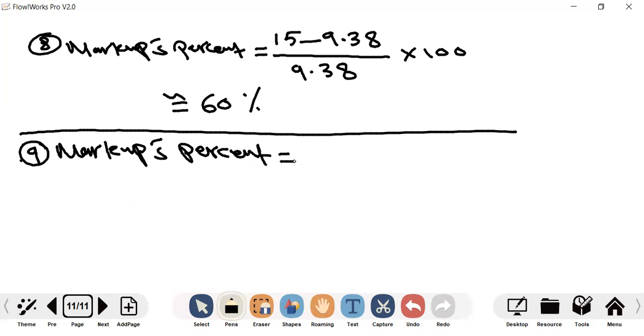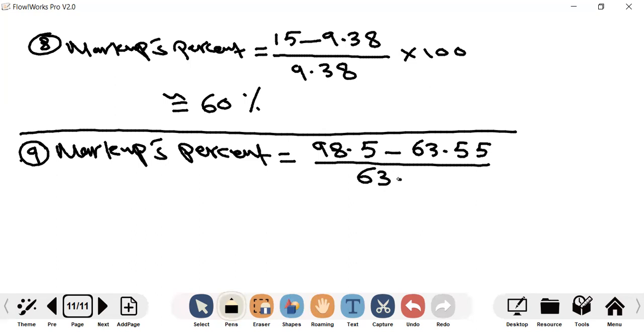Selling price minus the wholesale cost. 98.5 minus the wholesale cost, over the wholesale cost, which is 63.55, all multiplied by 100. Let me check. 54 point something, right? 54.7. Rounded to the nearest percent, 55%.